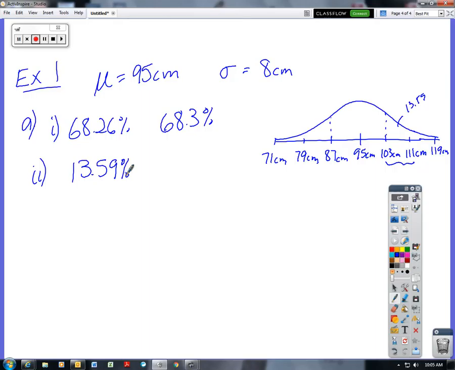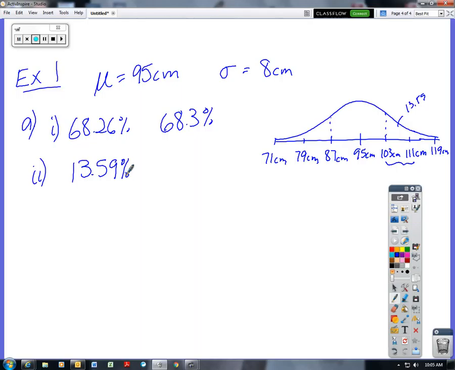I wish I'd thought to do that ahead of time. Let me go do that really quickly right now because I have it handy over here. Because obviously on the IB exam, more than likely you're not going to have that 13.59% memorized. So you can't just give that answer.